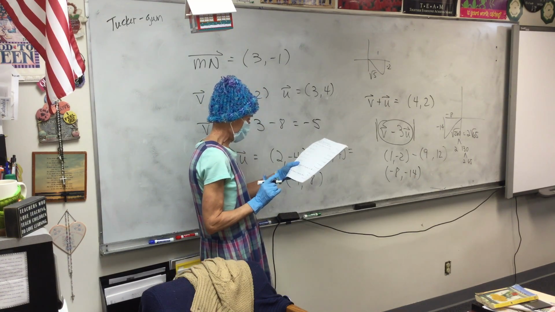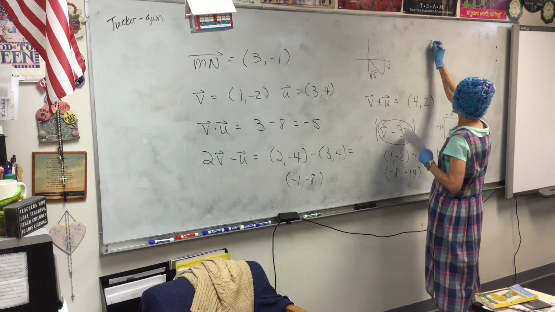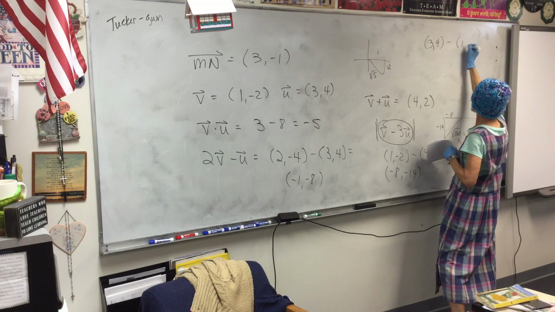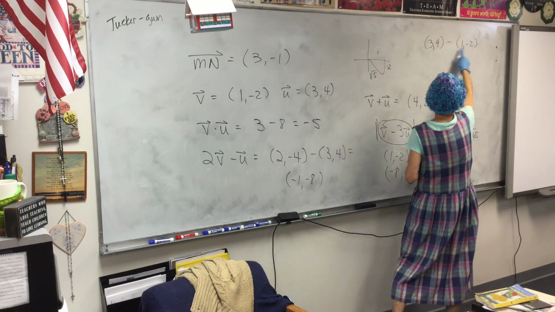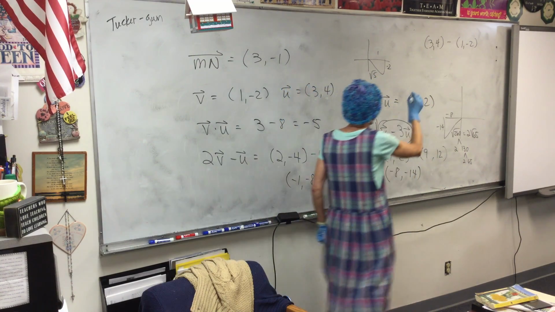All right, F. U minus V. So 3, 4 minus 1, negative 2. So U minus V. All right, what do we get when we do U minus V?